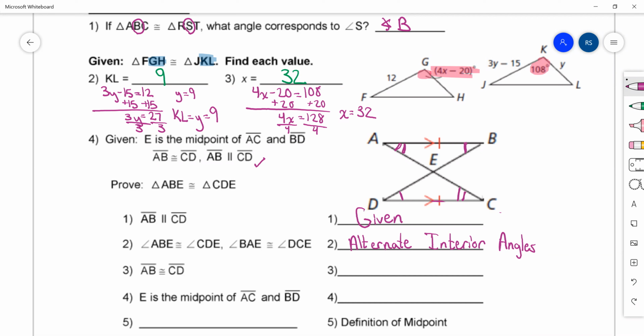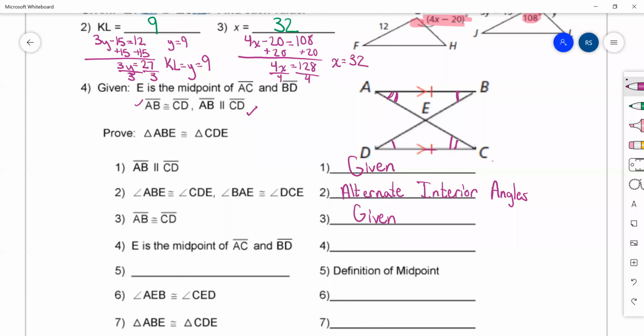Okay, then it tells us that AB is congruent to CD. Have I seen that anywhere? Yeah, it's given. Then it says E is the midpoint of AC and BD.